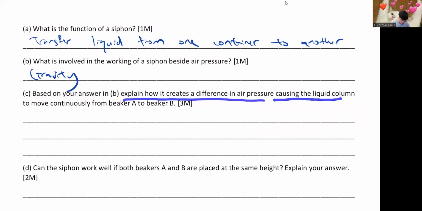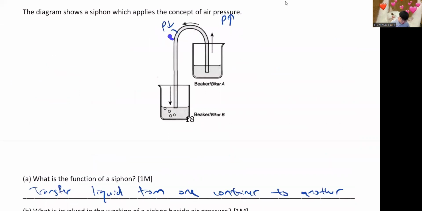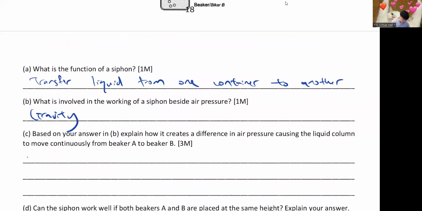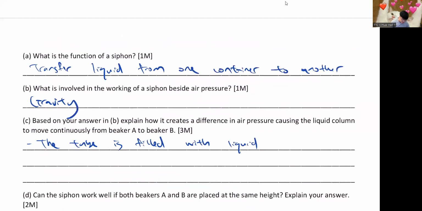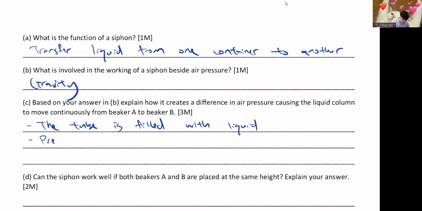Okay, so C, based on your answer in B, explain how it creates a difference in air pressure, causing the liquid column to move continuously from A to B. So explain based on gravity, how it creates air pressure. Let's just say the tube. Firstly, the tube is filled with liquid. So inside, the air pressure in the tube is low.